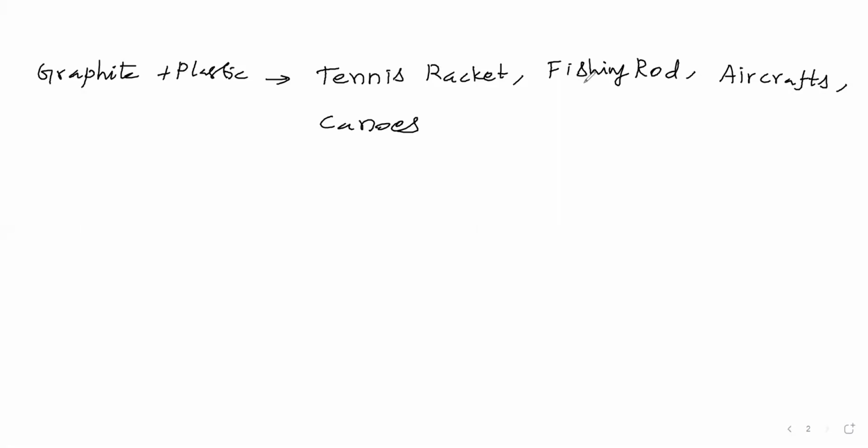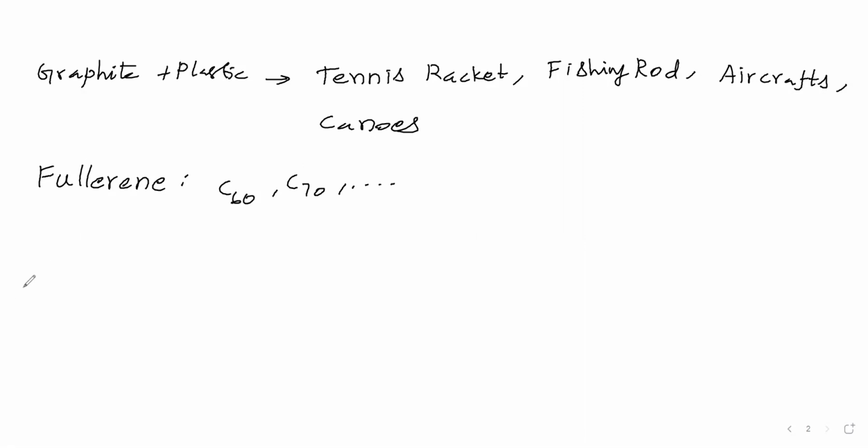Next, the crystalline form of carbon is fullerene. Here in the fullerene, the possibilities are C60, C70, etc. Like that, C350 is also there.